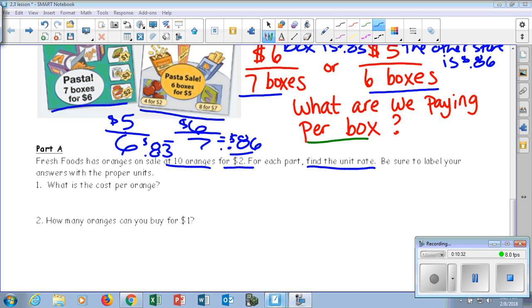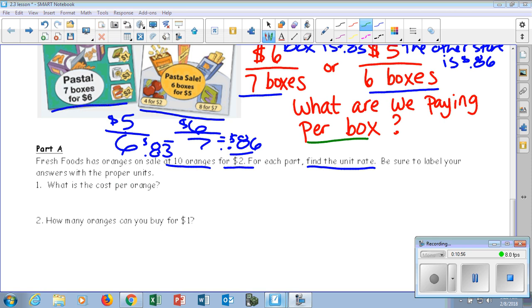Let's come back together. So, how could we write this proportion? Isabel, how could I write this proportion? I know that $2 is for 10 oranges, and I want to find the price of 1 orange.